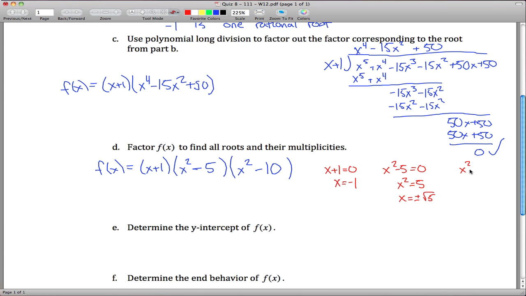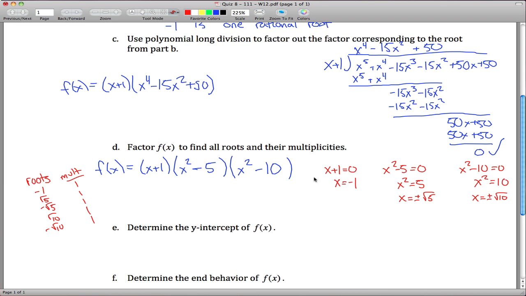Or finally, x squared minus 10 equals 0, so x squared equals 10, so x equals plus or minus the square root of 10. So the roots are negative 1, square root of 5, negative square root of 5, square root of 10, and negative square root of 10, and the multiplicity is 1 in each case. 1, 2, 3, 4, 5.